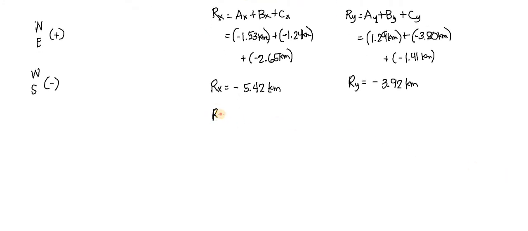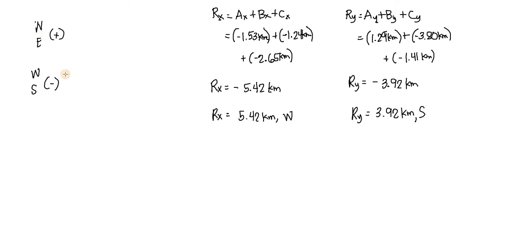So your r sub x, because it's negative, it's 5.42 kilometers towards west. That's the negative for the x component. And for the r sub y, that will be 3.92 kilometers south, kasi yun yung negative.